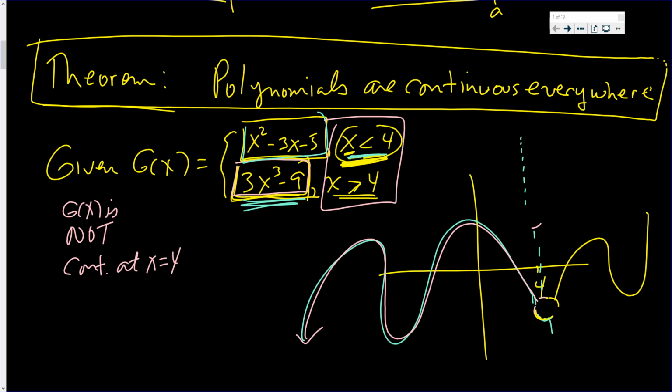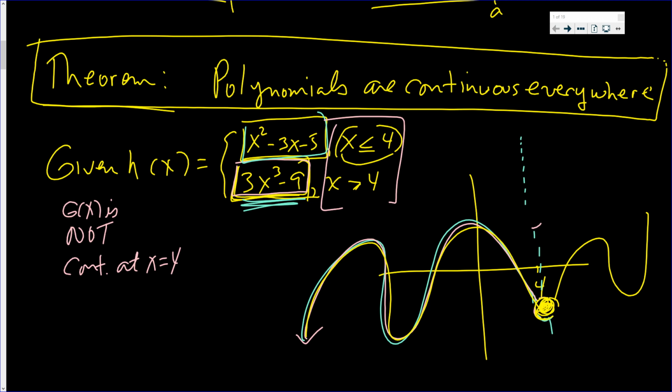Let's just rename the function. New problem, next problem. You're given that h of x equals this, and just so it's very clear to everyone, I'm saying that x can equal 4 for the top one. So when x is less than 4, this graph is going to be filled in here.